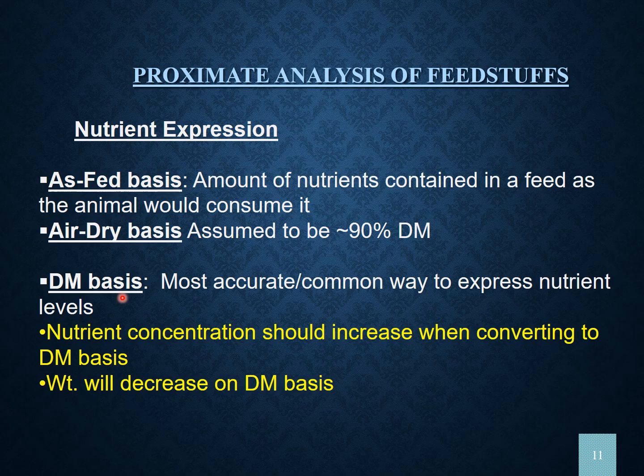So here the nutrient concentration is expressed on a dry matter basis. This expression is the most accurate, and it's the common way to express nutrient levels. Why is it so accurate and commonly used?